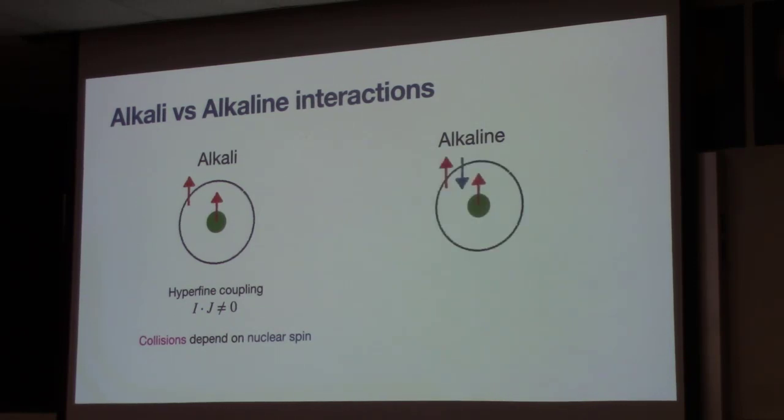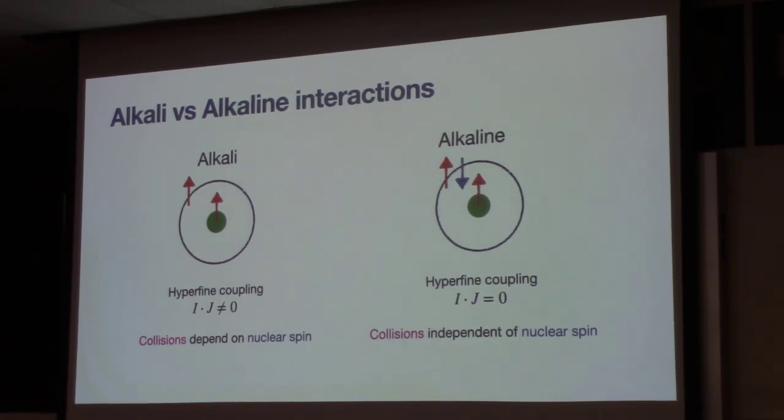On the other hand, if we have an alkaline earth, like ytterbium or strontium, the electrons are in a singlet state and do not care about what the nucleus is doing. What this means mathematically is that there is no hyperfine coupling between I and J. When two of these atoms collide, these collisions are independent of the nuclear spin.